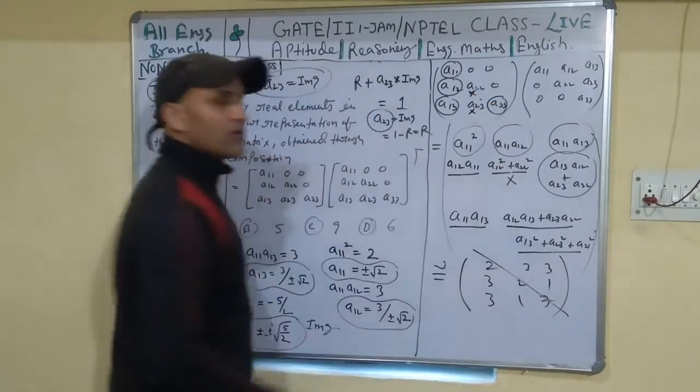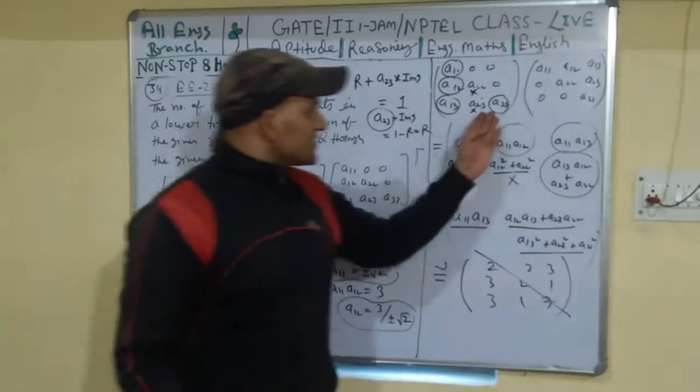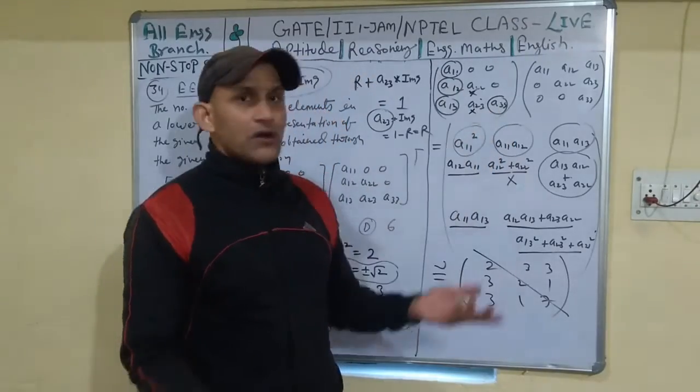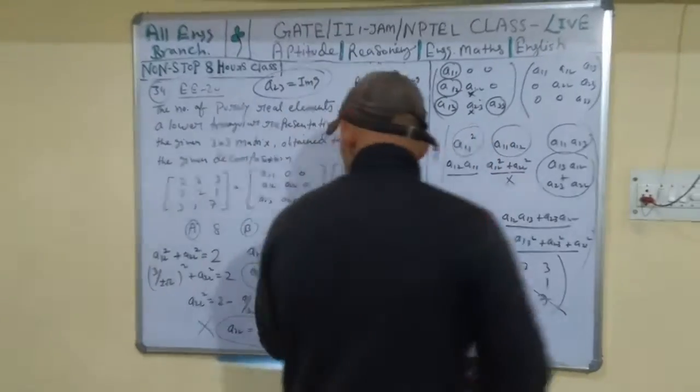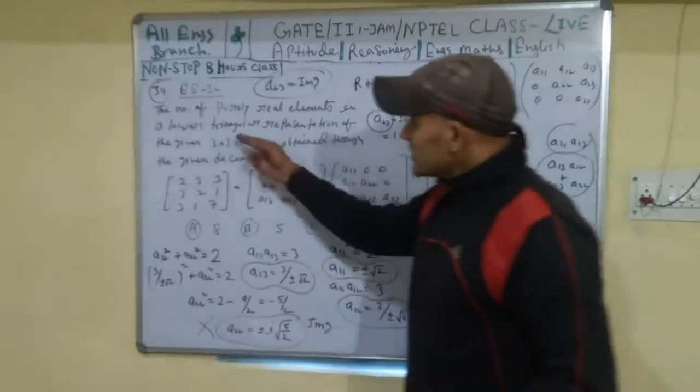This is real. So there are only 4. I have found that this is also real, so there are only 4 real elements. But the answer is not among the options. So this question is wrong.